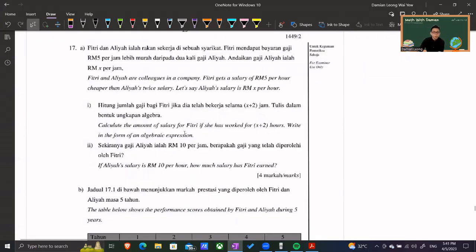Yeah. Question 17. Part A, Fitri and Alia are colleagues in company. Fitri gets salary of 5 ringgit per hour, cheaper than Alia's twice salary. Cheaper than double of her salary. Okay, then 5 ringgit cheaper than double her salary.